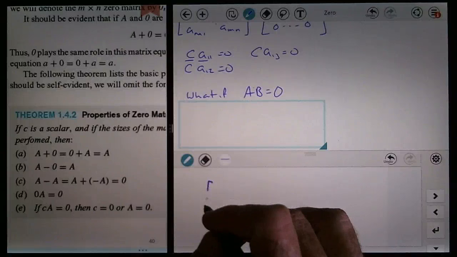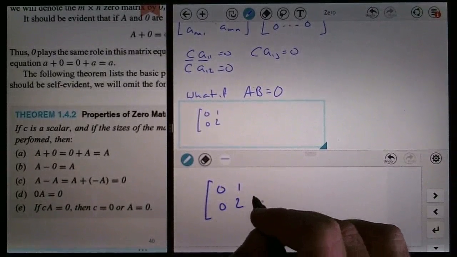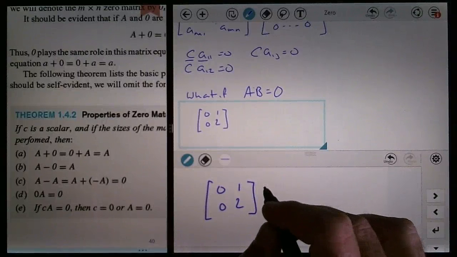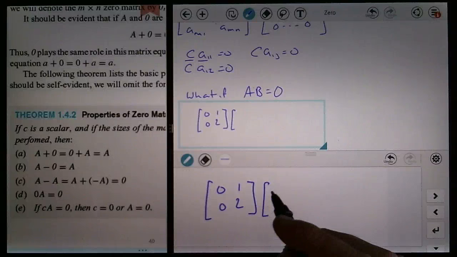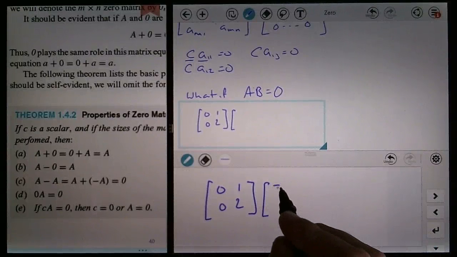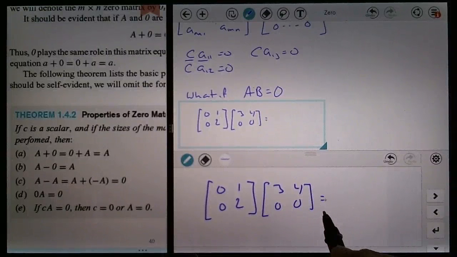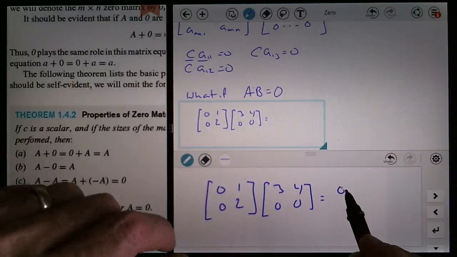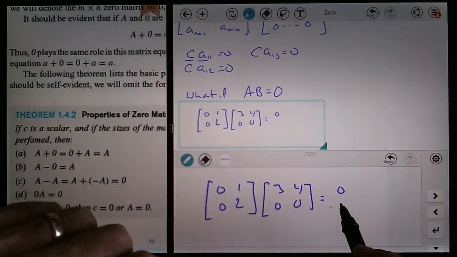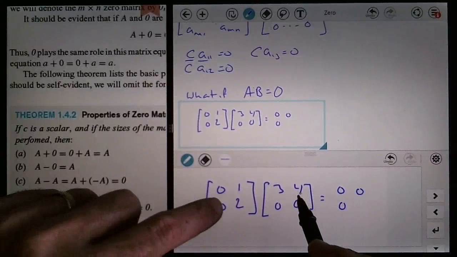For instance, if I take 0, 1, 0, 2, and I multiply it by, sorry, I paused, I had to think for a minute. How about 3, 4, 0, 0? Well, this is equal to, there is 0 plus 0, there is 0 plus 0, here is 0 plus 0, and here is 0 plus 0.